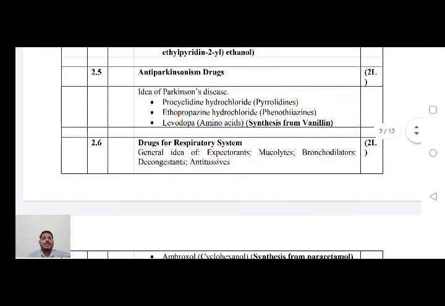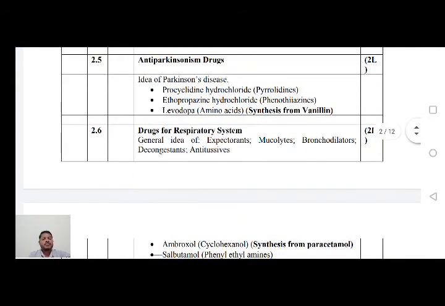Next, anti-Parkinsonism drugs: an idea about Parkinson's disease, which drugs are used as anti-Parkinsonism drugs, and their side effects.